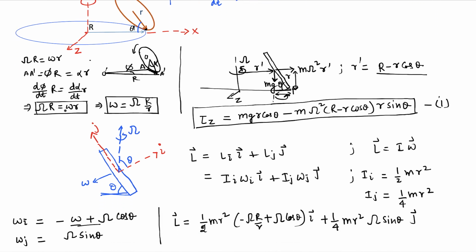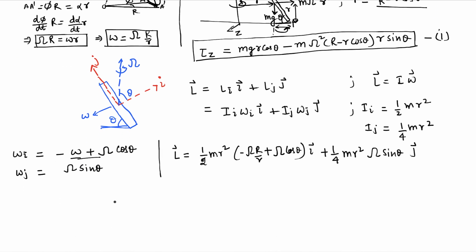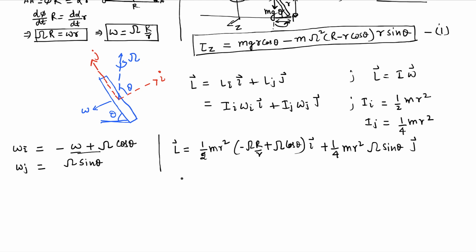Okay, now let's consider the angular momentum in x direction. So angular momentum in x direction is nothing but the projection of this L in the x direction. This is x direction and this is y direction, right? Now, if you see angular momentum Ly, it is just rotating in the bigger circle. So the change in angular momentum is 0, which means that there is no torque because of Ly.